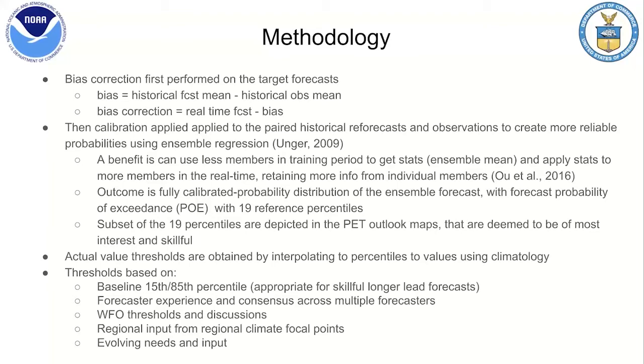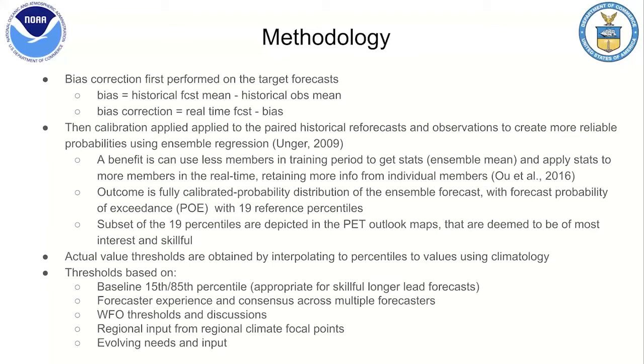The thresholds are also based on forecaster experience and consensus across multiple forecasters. Also, through discussions and conversations with various WFO and regional input from climate focal points, we're able to get an idea of what thresholds would be helpful in the tool that would also support the US Hazards Outlook.